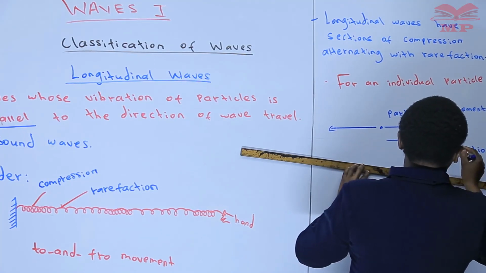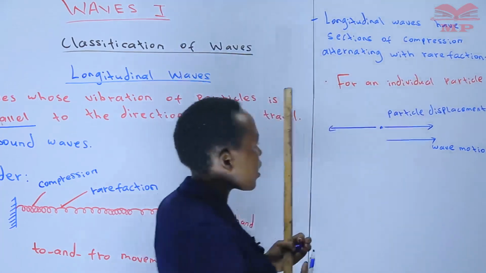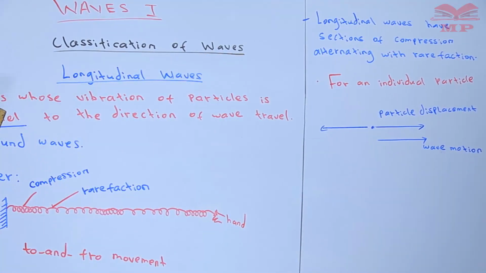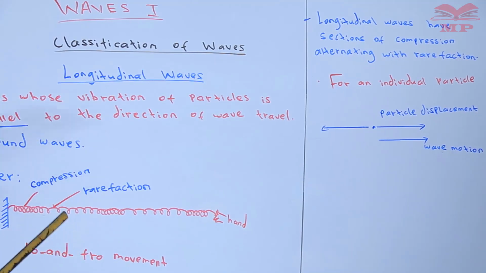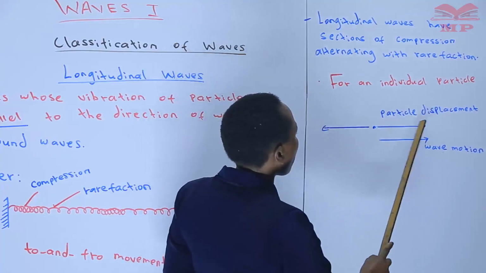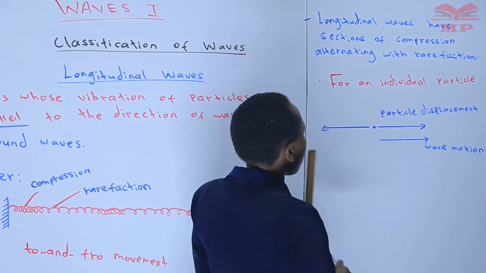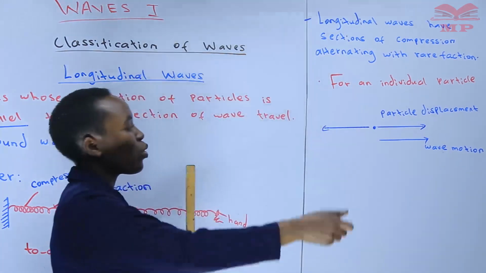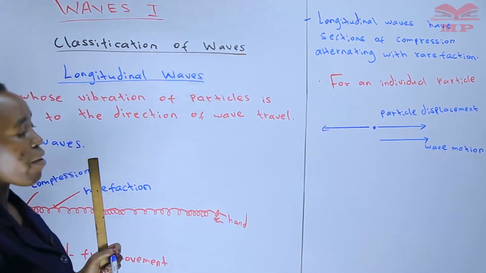And therefore, this explains what we are saying, that the vibration of particles is parallel to the direction of wave travel. So if we have our particle displacement, as we have seen in the example of a spring, we are moving it in a to and fro direction.